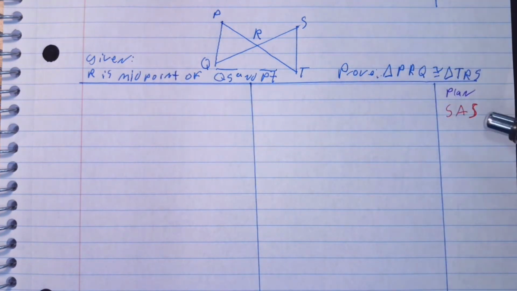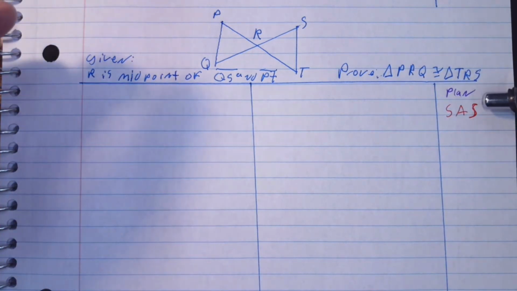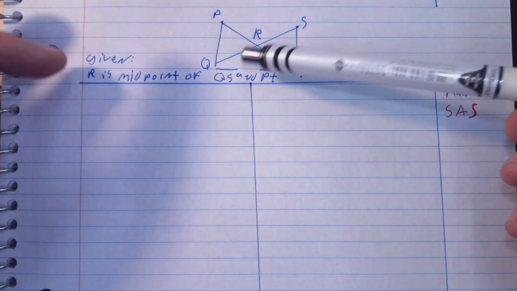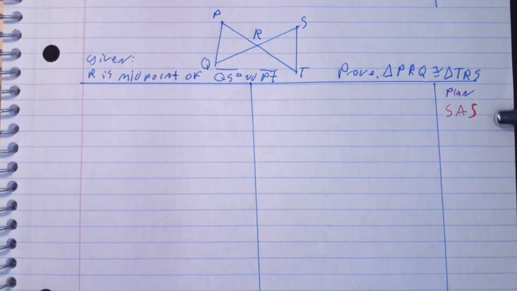The end is going to be SAS, and it is going to be this. I know that before even starting the problem because I don't have any options at this point. Eventually, the end will have 6 different options, but for now, I know the beginning and I know the end. I just have to prove this end.